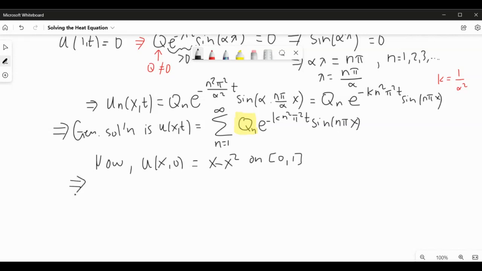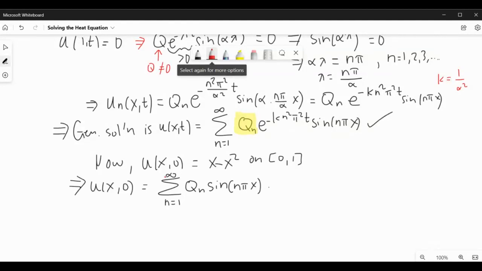So this will imply by direct substitution that u of x,0, which is equal to this infinite sum, must be equal to the infinite sum of q sub n times sine of n pi x.